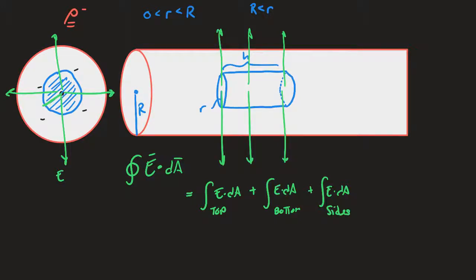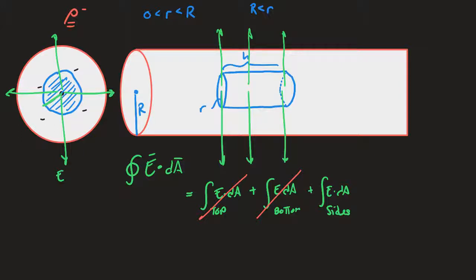Questions about that? Like I said, we're choosing this because there's symmetry, and that symmetry tells me right off the bat that the top and the bottom give me zero contribution to the flux because there are no field lines that go through the top or the bottom. Even though it's surrounded by charge, that symmetry means that the lines themselves are traveling in such a way as they don't pierce the top and bottom.